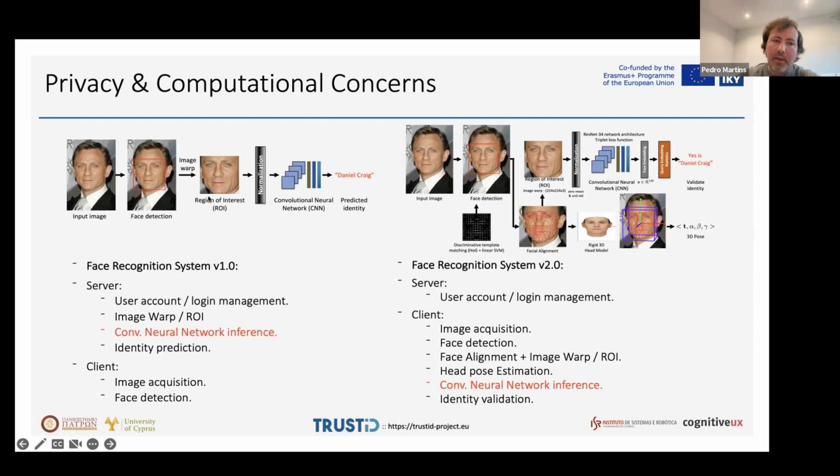So image warping and both the training and the inference of the network is done on a server, and at the end the identity was provided back to the client. Although this is a valid solution, it breaks on the privacy side of things because the server actually knows everything about the client using this configuration.